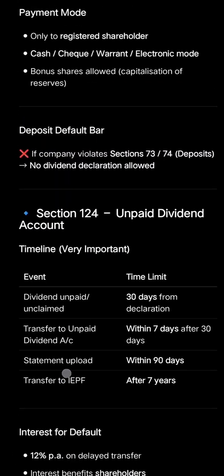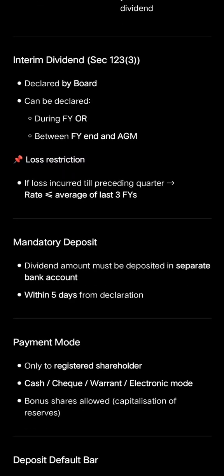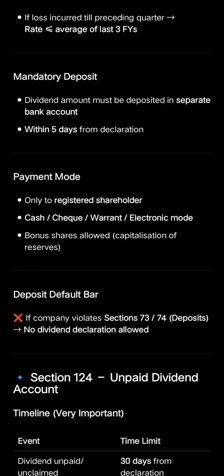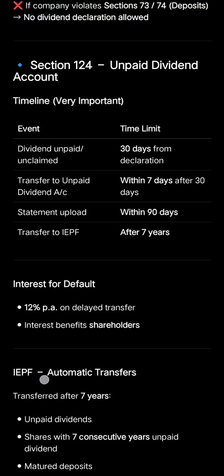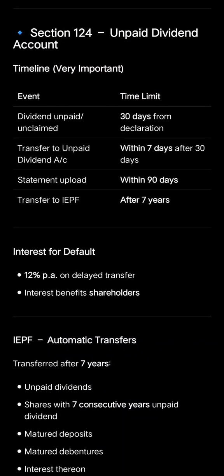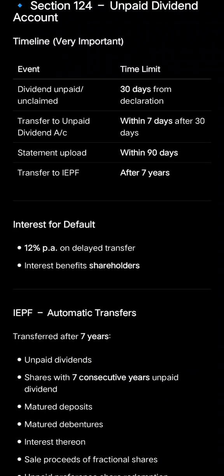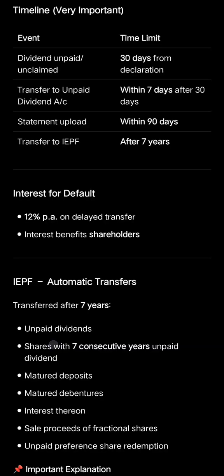After declaring, within 5 days it should be transferred to a separate scheduled bank. That is section 123. Now section 124: it should be transferred to the unpaid dividend account within 7 days after 30 days of dividend unpaid or unclaimed.